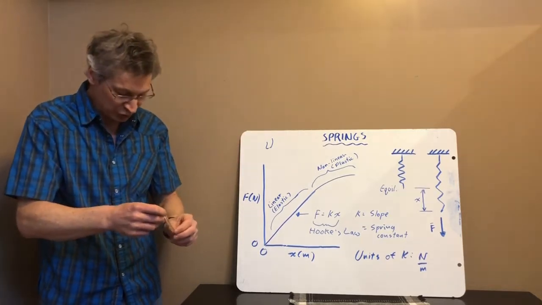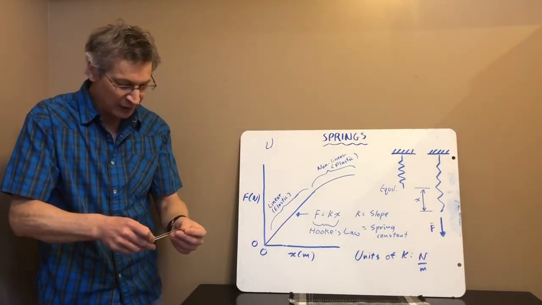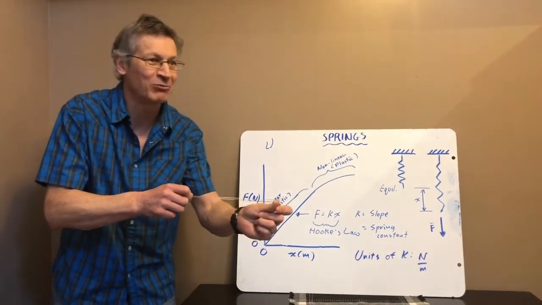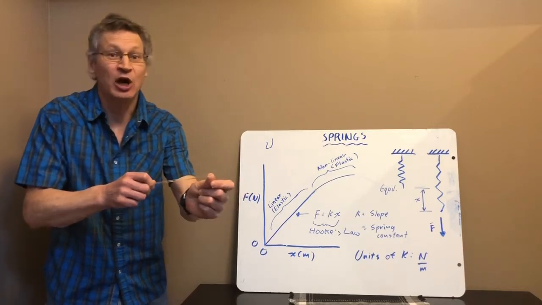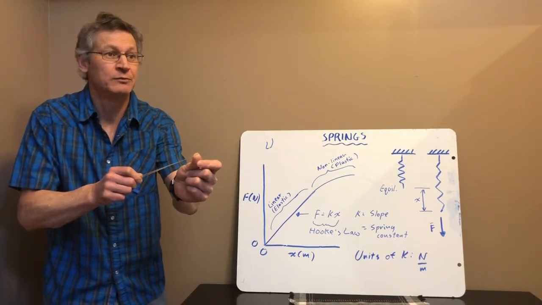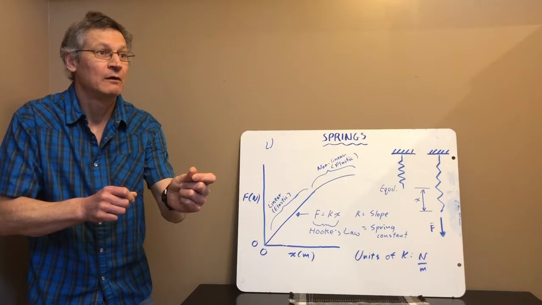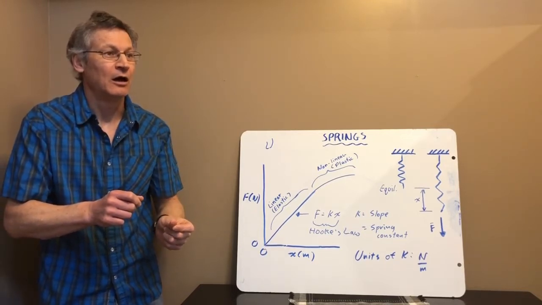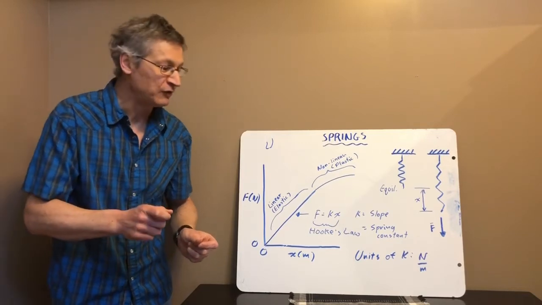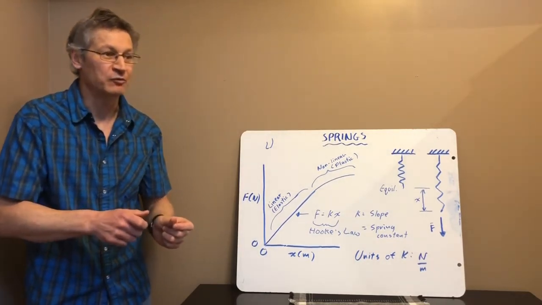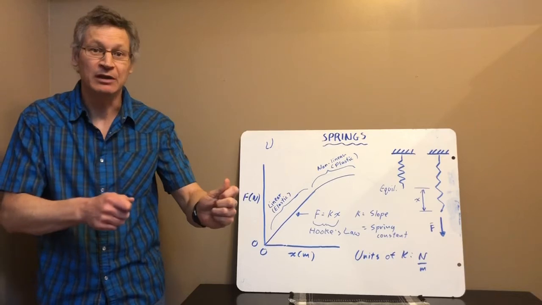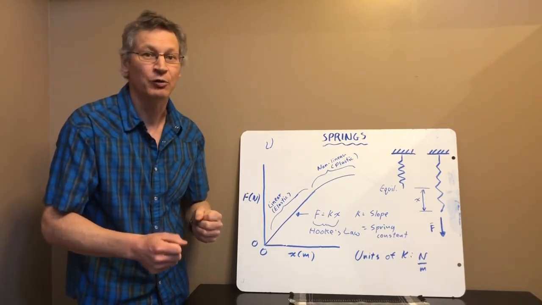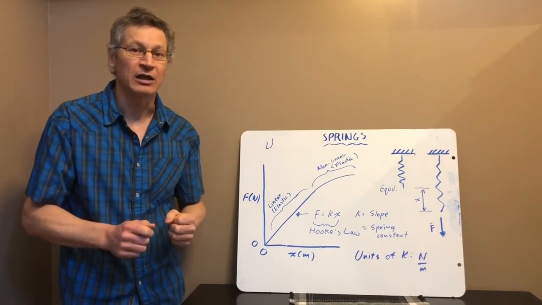If you've ever shot an elastic band across a room, you'll realize that elastic bands and springs definitely have the ability to store potential energy. How much potential energy are they storing? That's what we're going to figure out in just a bit.